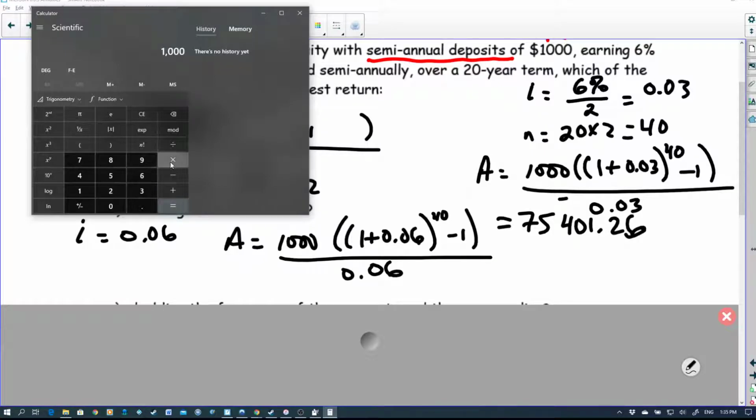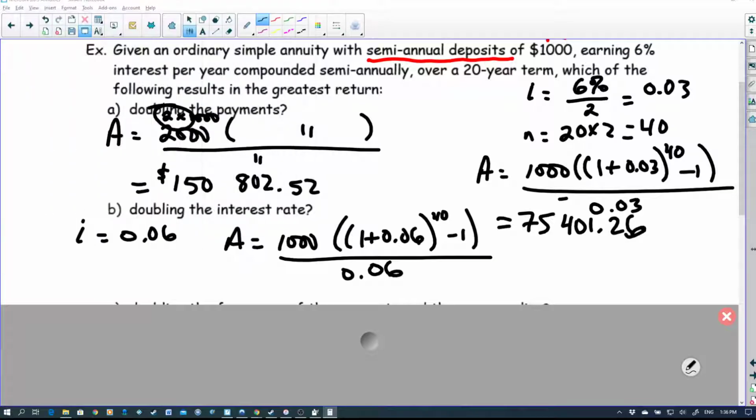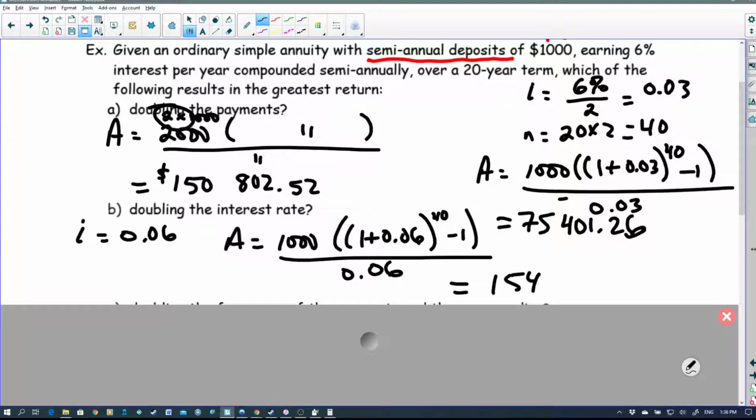1,000 times bracket 1 plus 0.06 bracket to the power of 40 minus 1 bracket divided by 0.06. And that's giving 154,761.96, or $154,761.97 if I round it off.